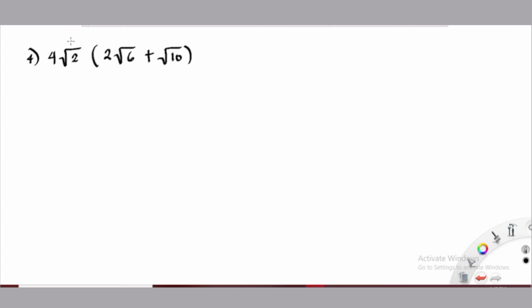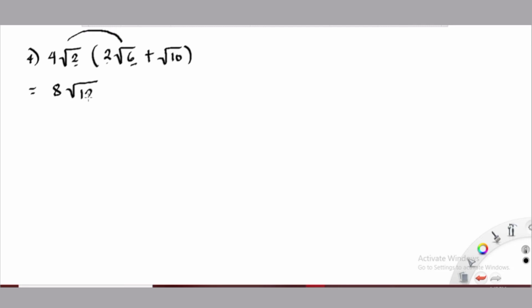Alright? So, i-distribute muna natin siya sa unang radical ng ating group. So, we're going to have 4 square root of 2 times 2 square root of 6. So, multiply the coefficients. 4 times 2. That will give us 8. And then, square root of, multiply natin yung mga nasa loob or the radicands. 2 times 6.